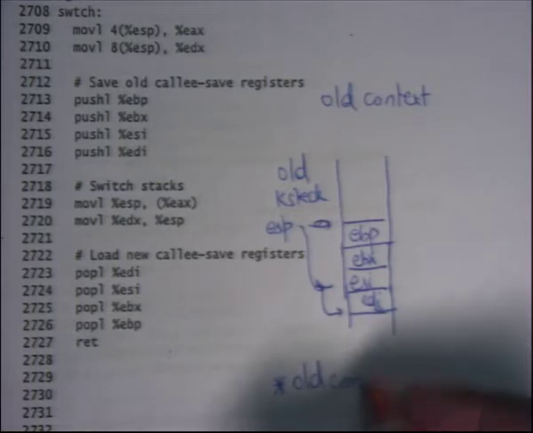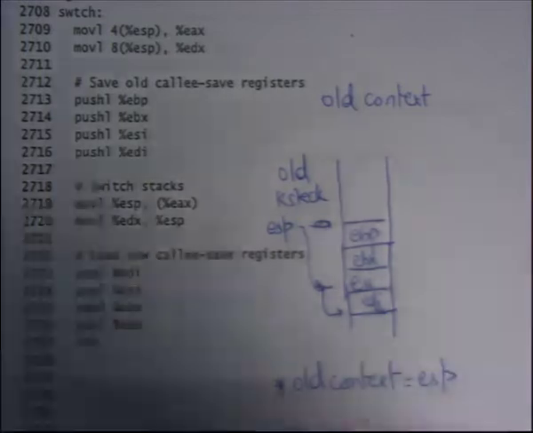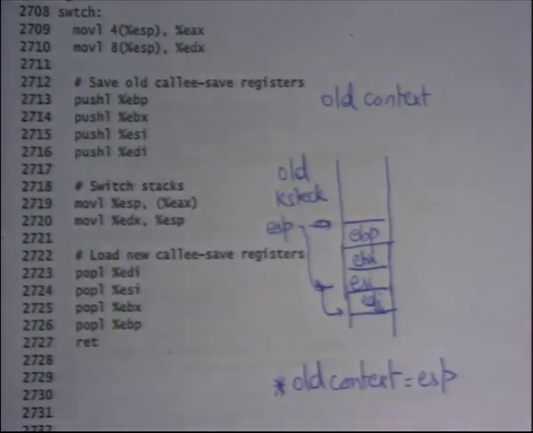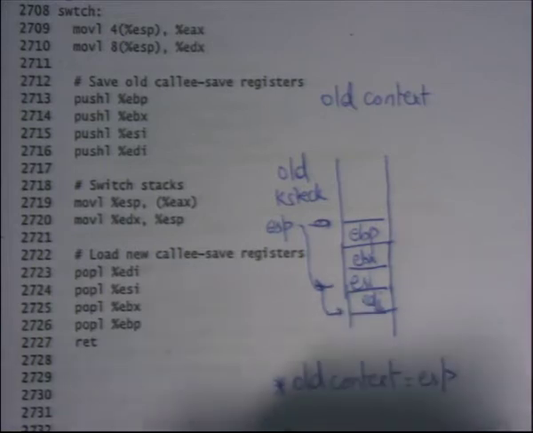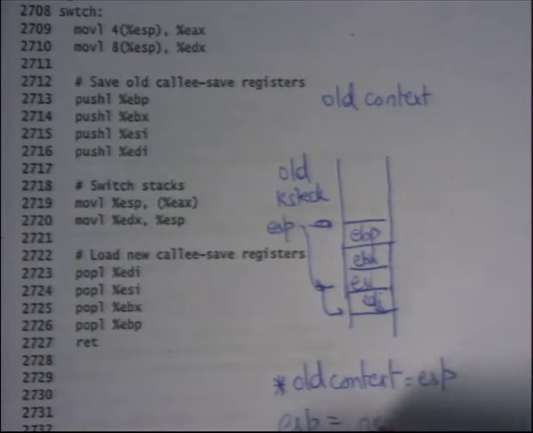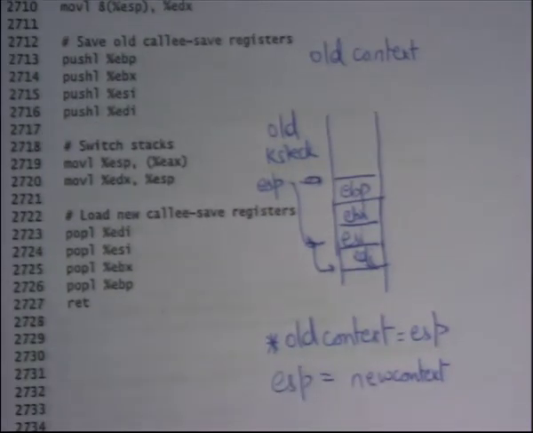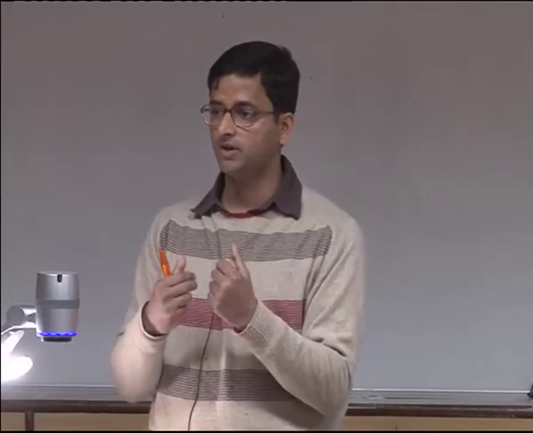You say star old context is equal to ESP. So you save the value of the current ESP into old context, right, and then you say ESP is equal to new context, right. So that's switching taking place. You save the current value of ESP into a pointer called old context, and you load ESP from the new context, right.